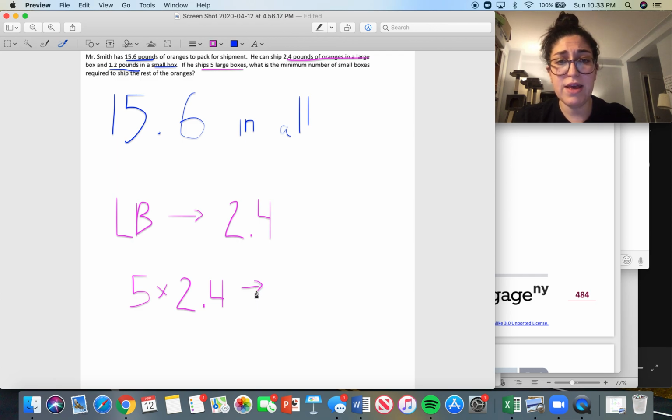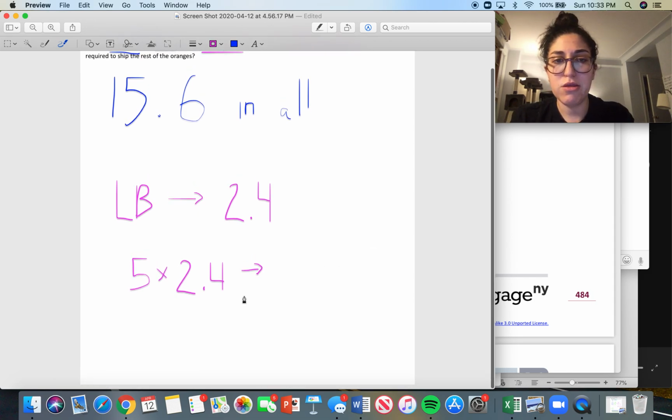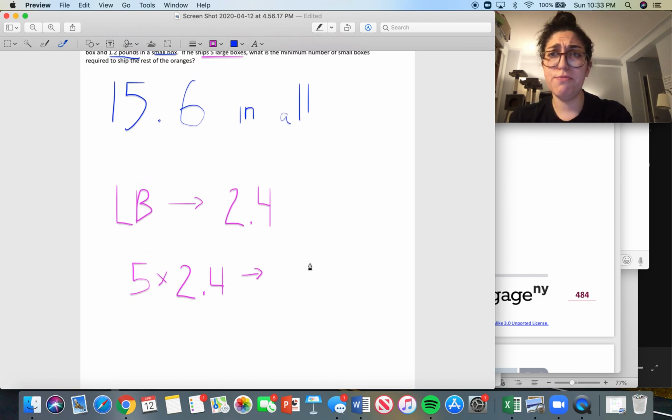Well, how much is that? Well, if I have 5 groups of 2.4, that's like saying that I have 5 groups of 2 and another 5 groups of 0.4. You could think about this however you like. The way I like to think about it is if 5 groups of 24 would be 120, then 5 groups of 2.4 will be 12. That was very big.